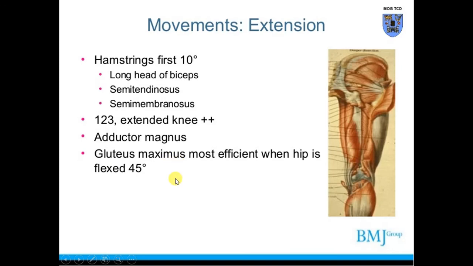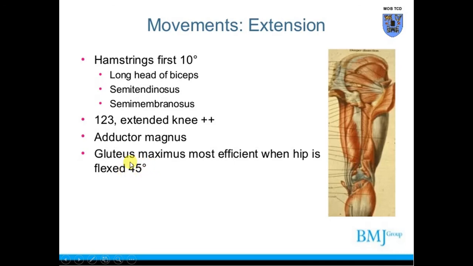Or while you are going upstairs and you put one foot over the next step and then extend the hip joint to go upstairs, that extension is caused by the gluteus maximus, because your hip joint is almost 45 degrees flexed when you put your foot on the next step.